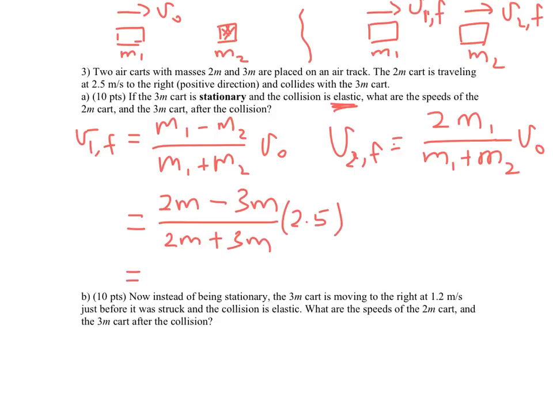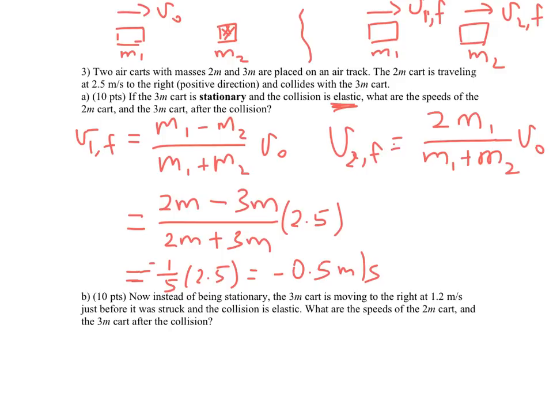If you work it out, 2m minus 3m would be minus m. 2m plus 3m is 5m. Minus m over 5m, you can cancel the m, you get minus 1/5 times 2.5, which works out to be minus 0.5 meters per second.